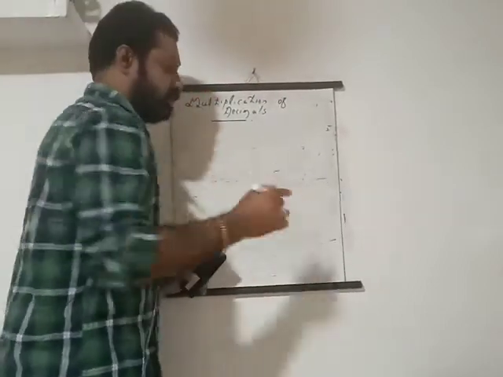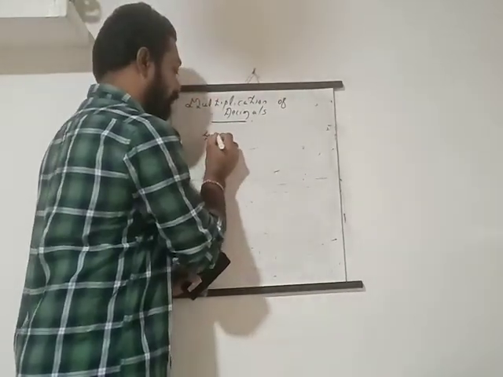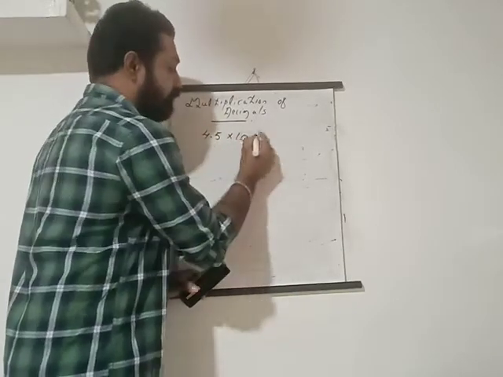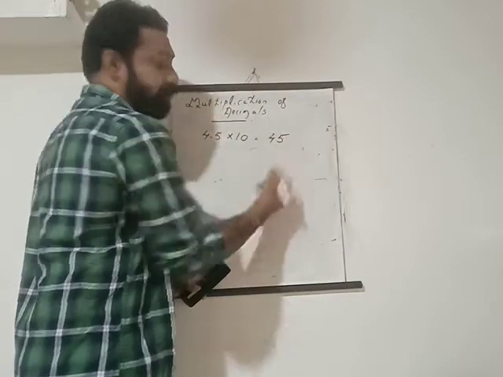I'll explain with a very simple example. 4.5 into 10 means it becomes 45, isn't it?